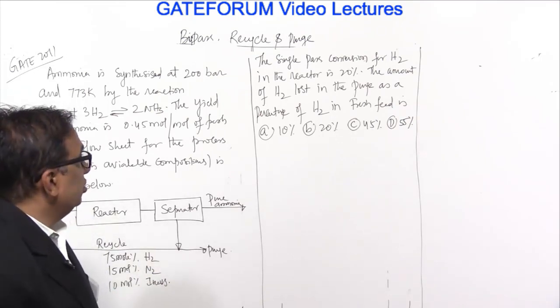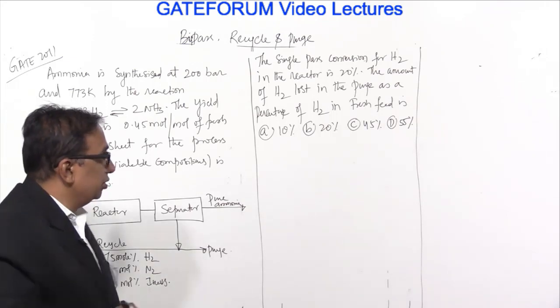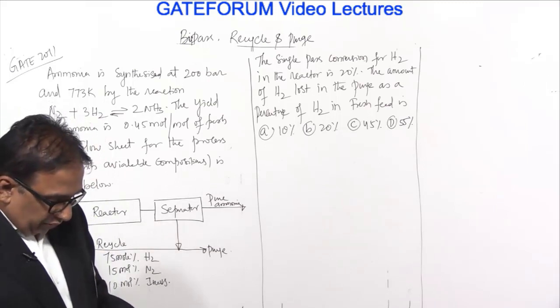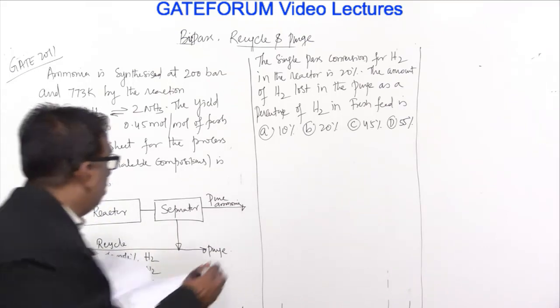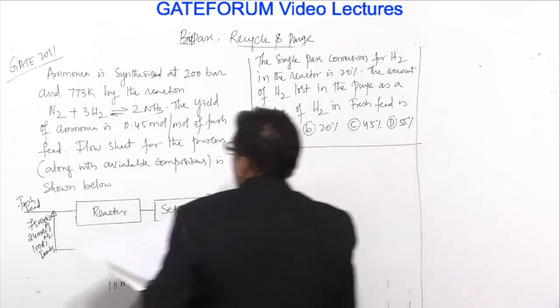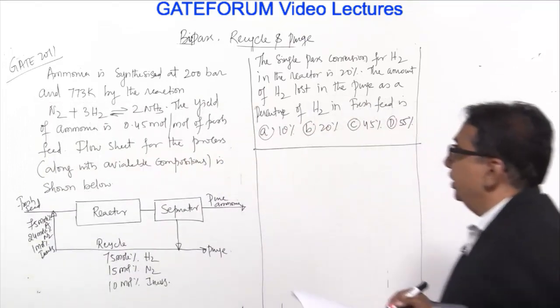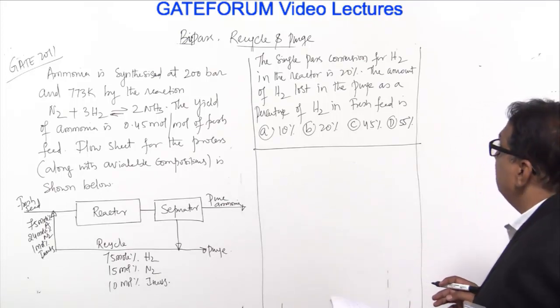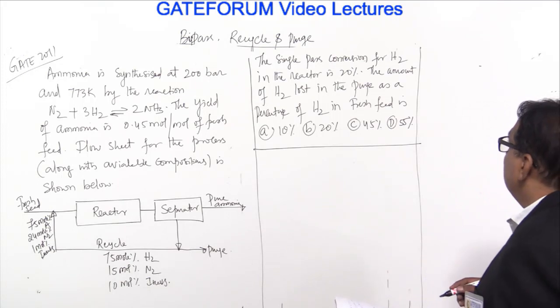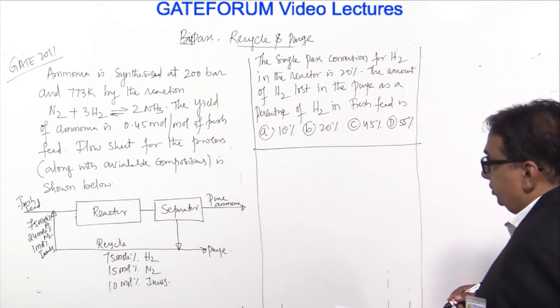The amount of H2 lost in the purge as a percentage of H2 in fresh feed is 10%, 20%, 45% or 55%. So how to proceed?